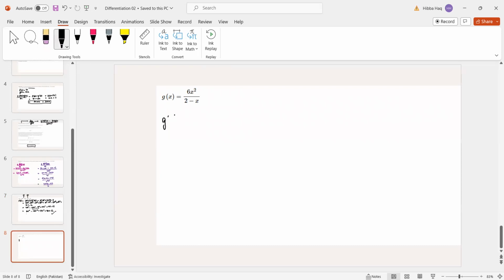So g dash of x, I have the lower function 2 minus x multiplied with the differential of the upper function that gives me 12x, minus the upper expression that is 6x squared multiplied with the differential of the lower expression that is just minus 1, divided by the lower expression squared. So 2 minus x whole square.